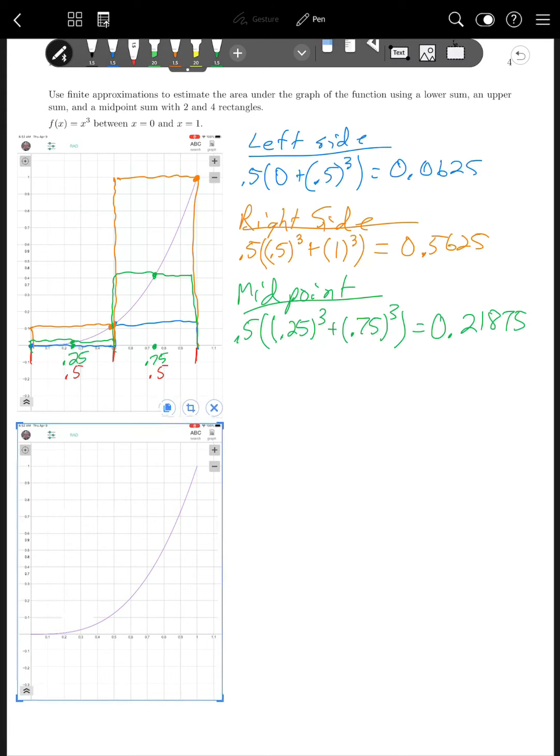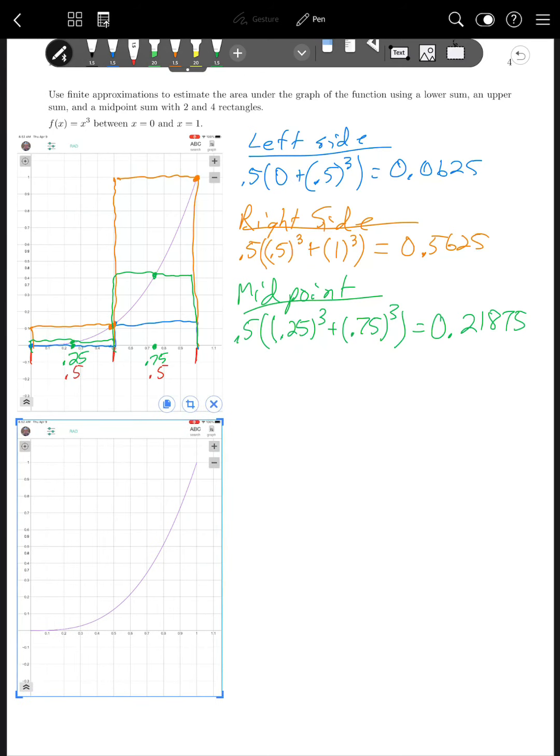So then we could do the same thing with 4 rectangles. So I'll just get another copy of our graph. And so in this case, we want to break this region into 4 regions, right?